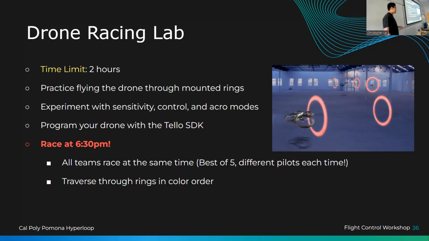So the ring race is, we're going to give each team a ring to practice, or maybe 2 if we have enough. And at the end, we're going to create a whole obstacle course going all the way through the engineering meadow. It's going to be 9 different colored rings, and you have to traverse through them in this order: black first, then red, gold, green, transparent blue, regular blue, purple, silver, and black.